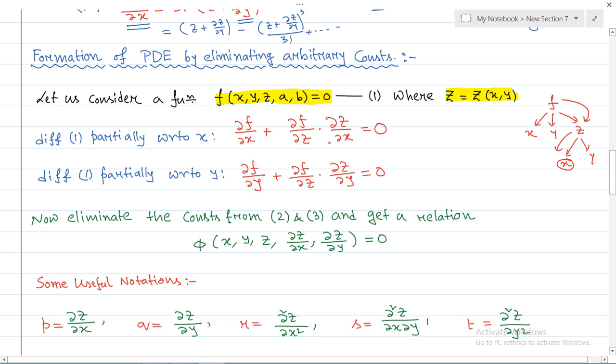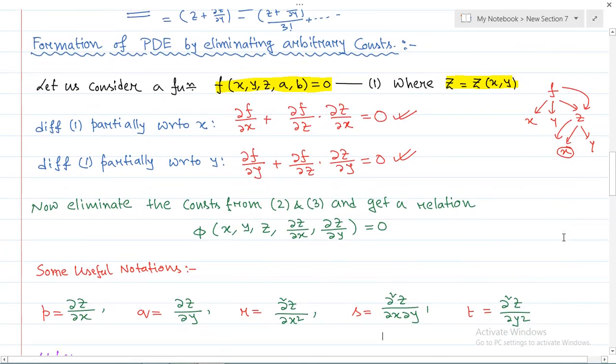So basically we have to eliminate a and b from equations 1, 2 and 3 if only first-order derivatives are needed, but if we need higher-order derivatives then we have to proceed further. Now how to eliminate this? That elimination process depends completely on you. There is no hard and fast rule for how to eliminate a and b.